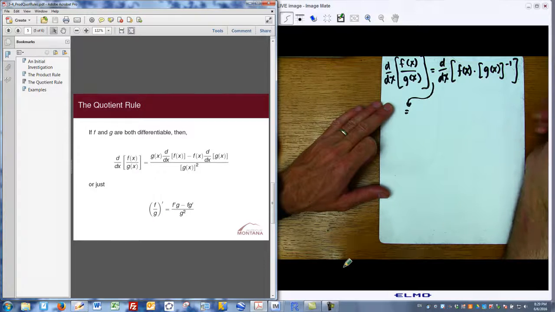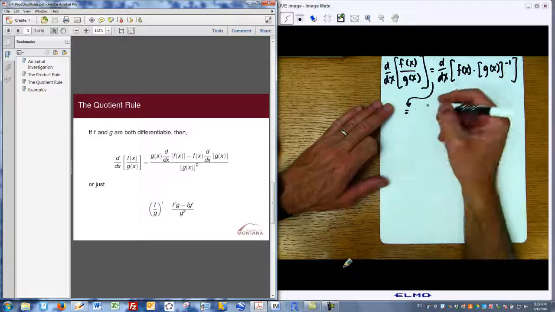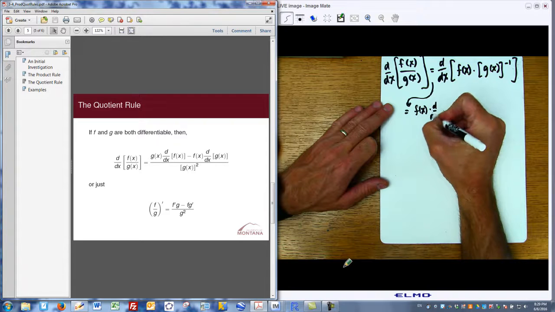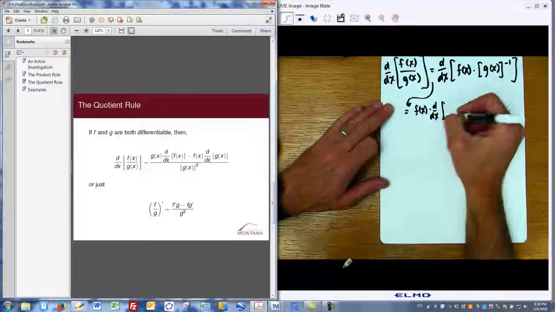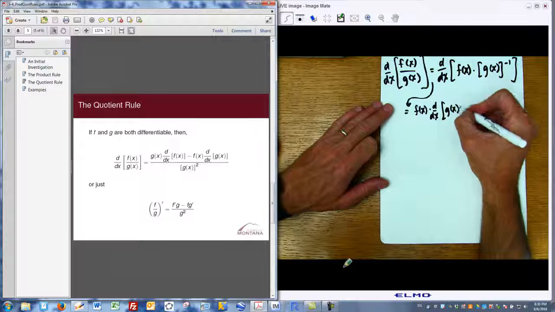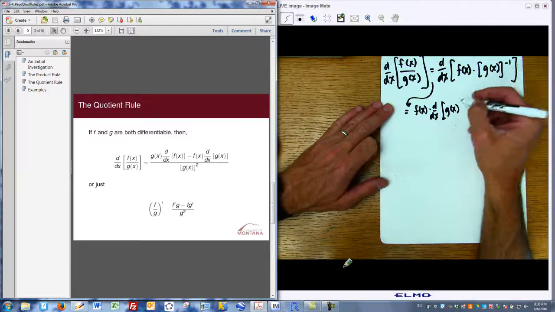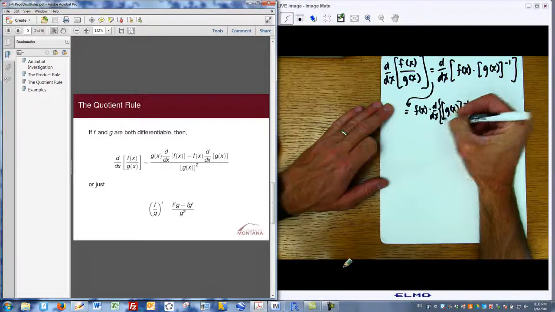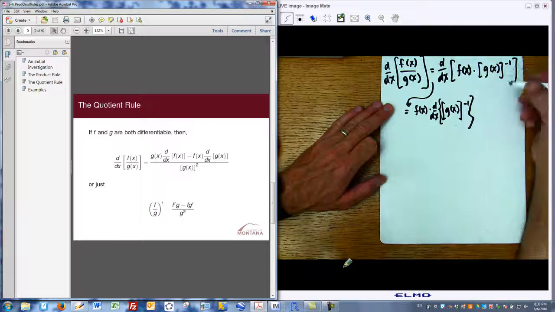So the product rule, which we just proved, says take the first times the derivative of the second, so it'll be f of x times d by dx of g of x, and I guess I want to do raised to the negative 1, but we'll use big brackets there.